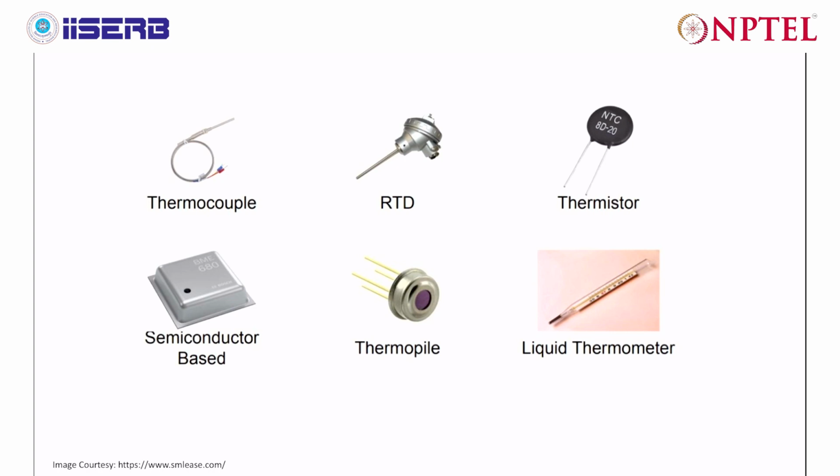So here different types of temperature sensors are shown. Right from thermocouple, RTD, thermistor, semiconductor based temperature sensor, liquid thermometer, all these types of temperature sensors are shown over here.